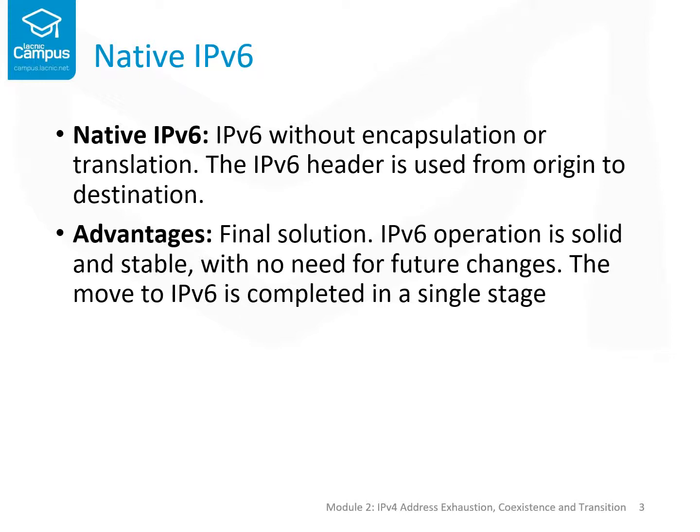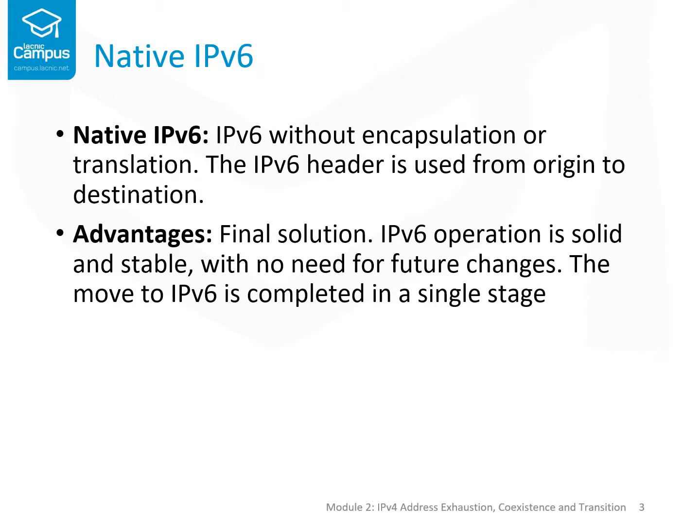One might call this a one-step implementation, as opposed to the use of tunneling or translation-based transition mechanisms, which are temporary in nature and will require additional changes when these mechanisms need to be eliminated.